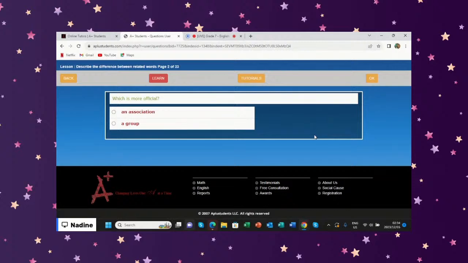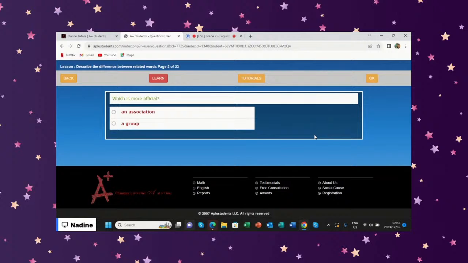So, which is more official? Is it an association or is it a group?